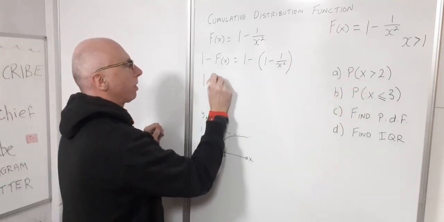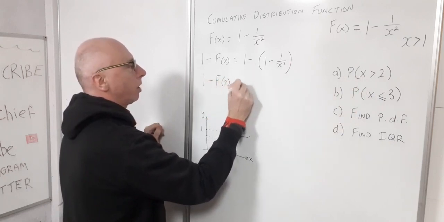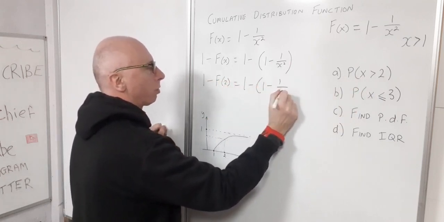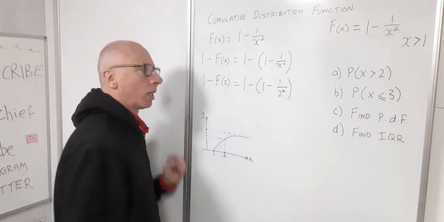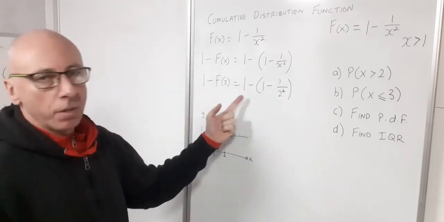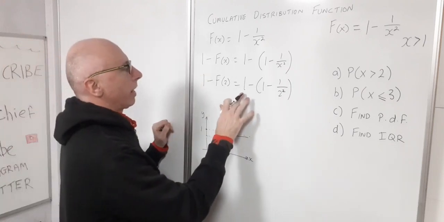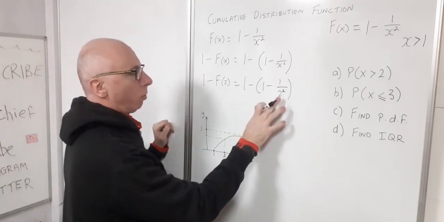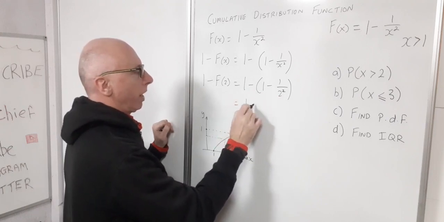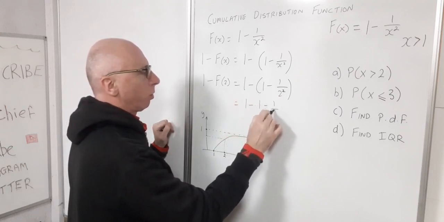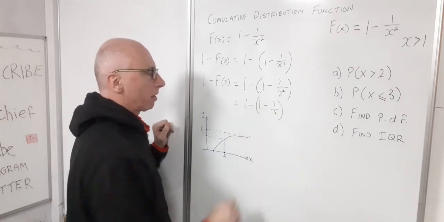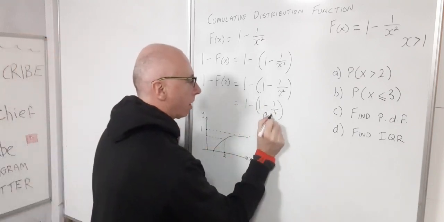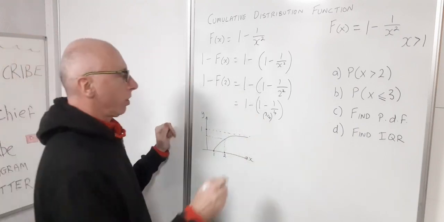So 1 minus F of 2, 1 minus 1 over 2 squared. So now what we've got is 1 minus, 1 minus 1 quarter, all in brackets. So this will be 3 quarters.